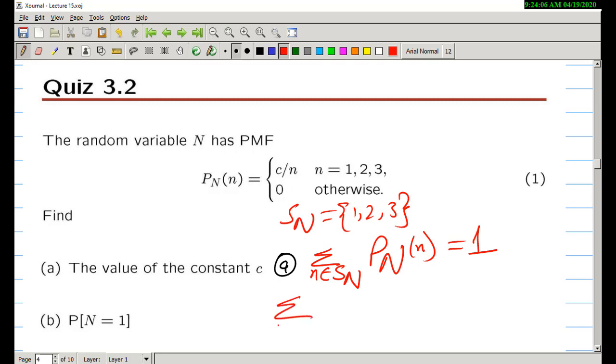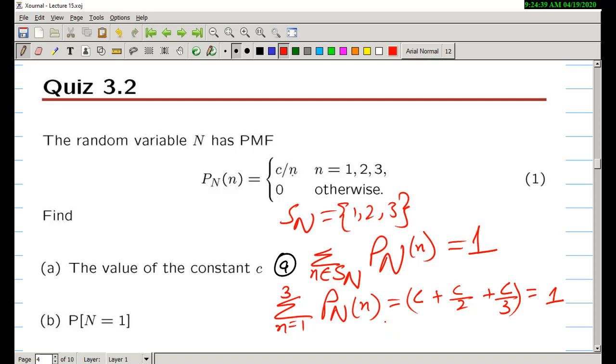So from n equal to 1 to 3, P_N of n: for 1 it is C over 1, for 2 it is C over 2, for 3 it is C over 3. So it will be C plus C over 2 plus C over 3, which is equal to 1.